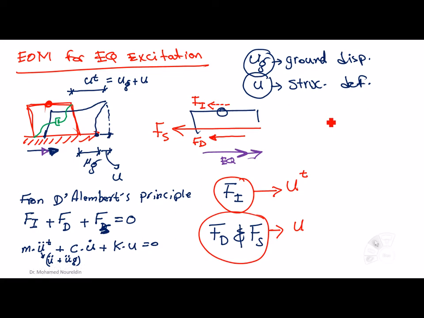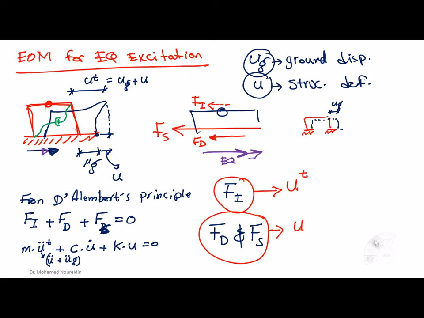If this is the system, and there is rigid body motion that is going to take place, the whole system is going to move rigidly. This is ug. There is no deformation in the system.